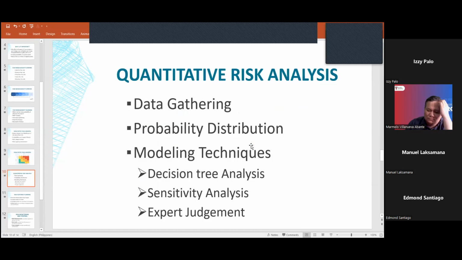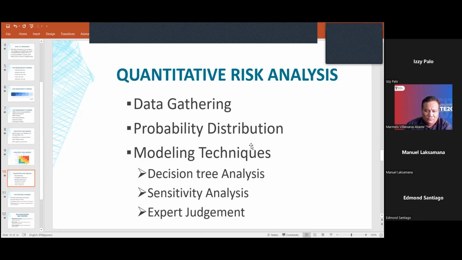So let's proceed to the quantitative risk analysis. In terms of quantitative risk analysis, we are going to gather data, and then the probability distributions and some modeling techniques that we need to apply or analyze or understand, for us to analyze further the effect of that kind of risk.